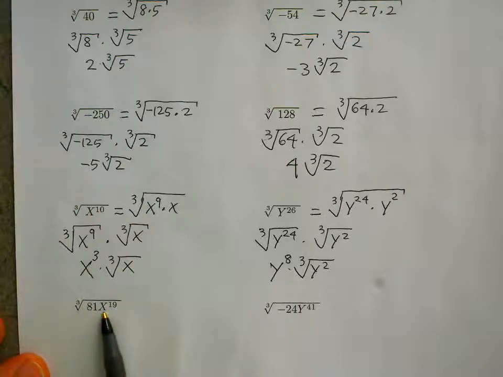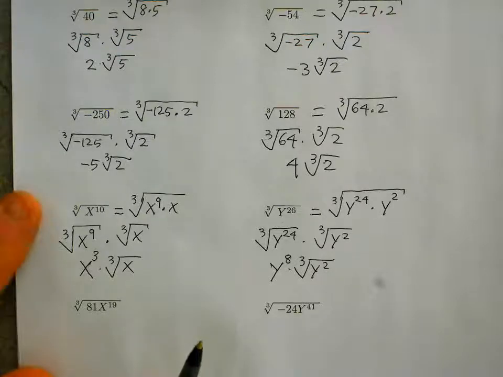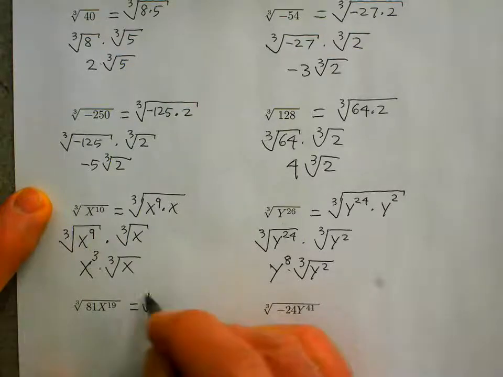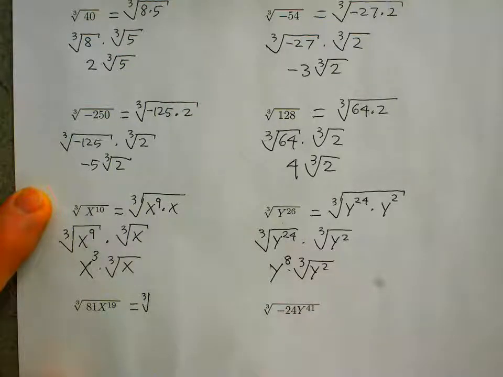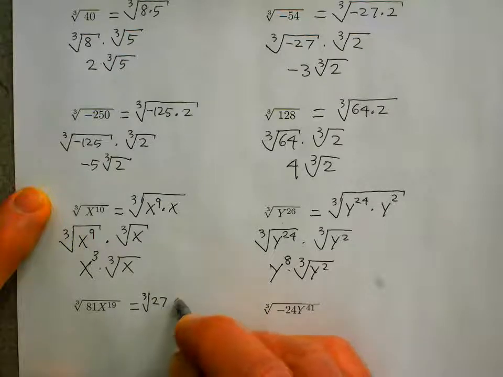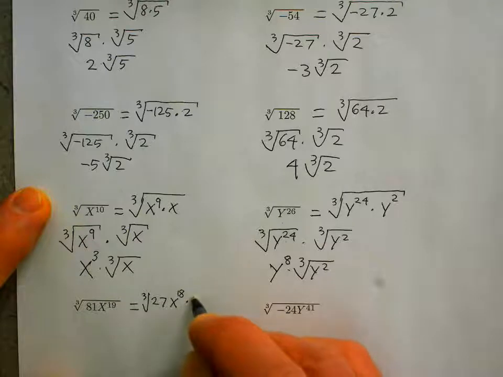The largest factor of x to the 19th that is a perfect cube is x to the 18th. So we rewrite this as the cube root of 27 times x to the 18th times 3 times x.